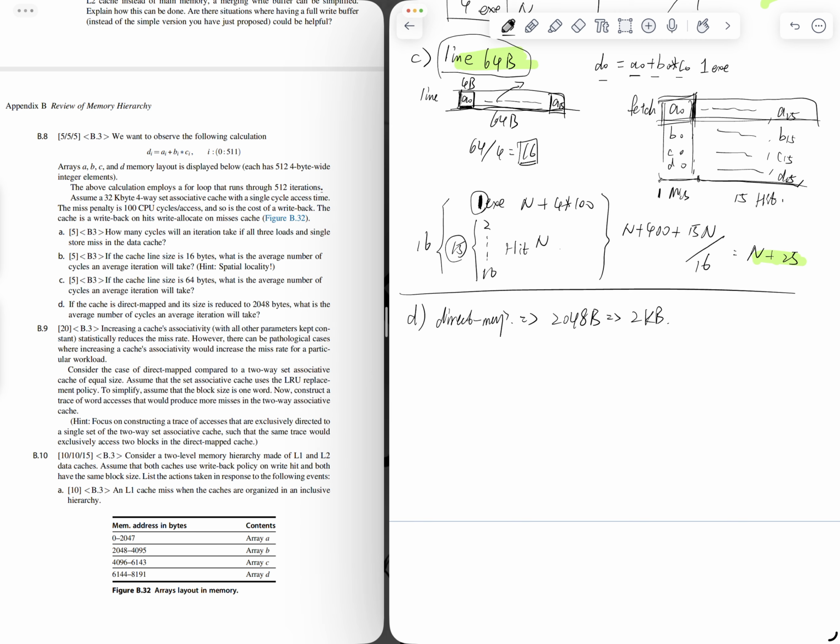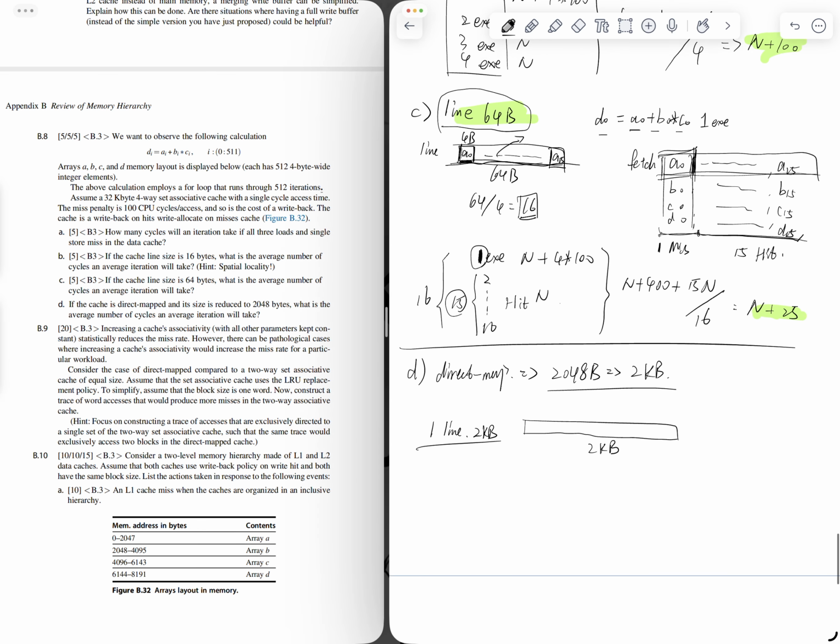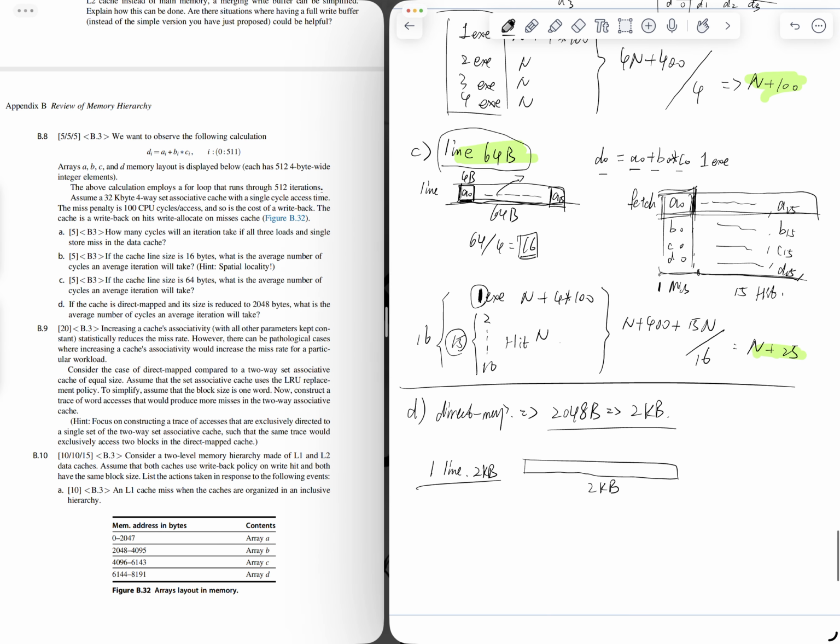Since it did not say how many lines or how big a cache line is, we will consider that we have only one line, with 2 KB. That means we have only one cache line, and its size is 2 KB, or 2048 bytes, right?